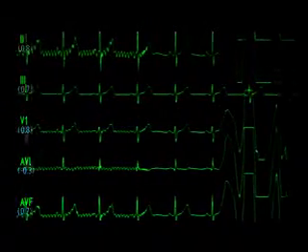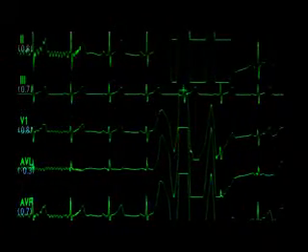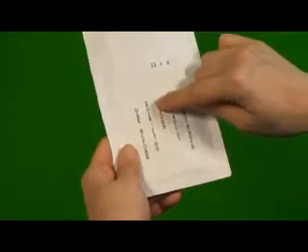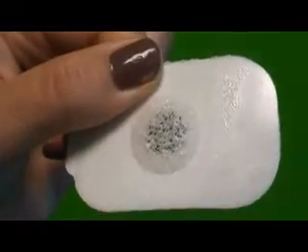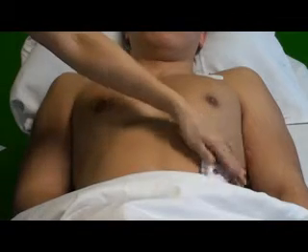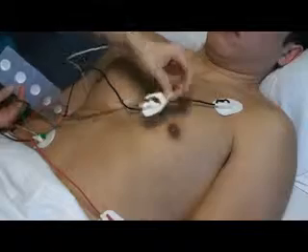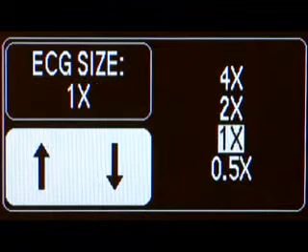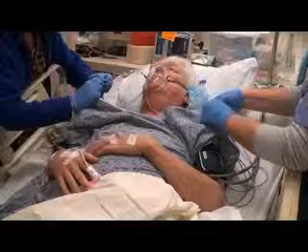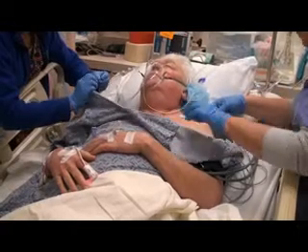To avoid the problem of artifacts or poor quality tracings, make sure that the electrodes have not expired, that conduction gel has not become desiccated, and that the electrodes have adequate contact with the skin. Check and adjust placement of the leads. Adjust the amplitude on the monitor as needed. Patient motion can also cause artifacts.